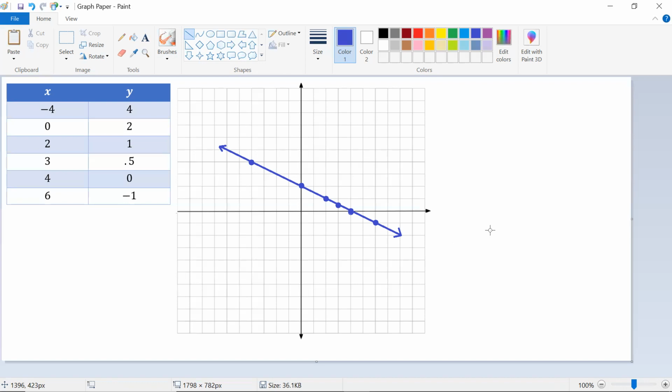So 2 points technically determine where the line should go, but oftentimes we like to do at least 4 or more points just to make sure our pattern is correct.